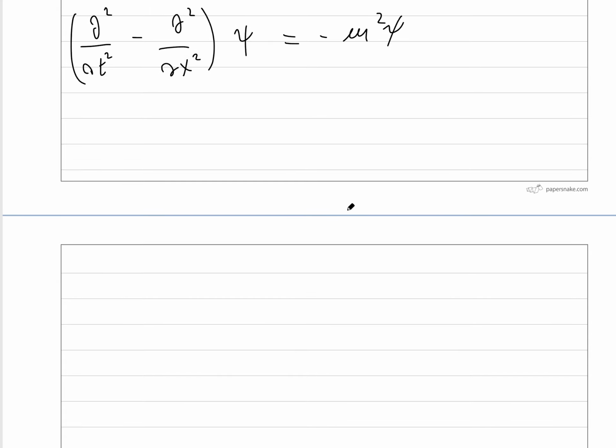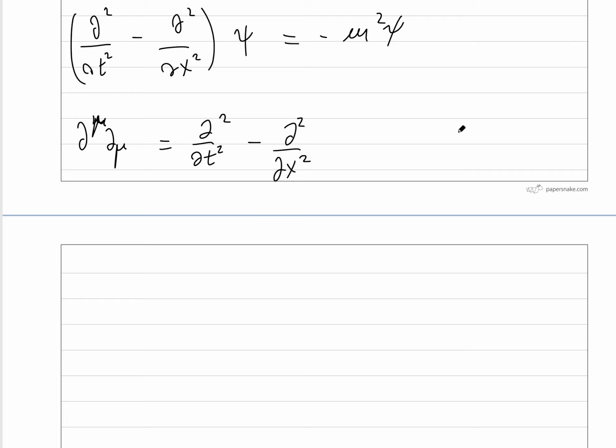Okay, so this is basically the Klein-Gordon equation, but we usually write it in a better form, for example in the covariant description, with the index mu: partial of t squared minus partial squared partial of x squared.